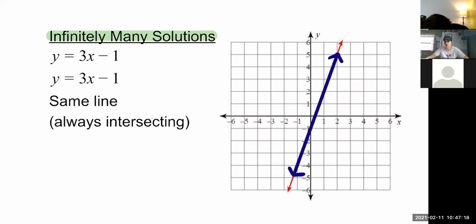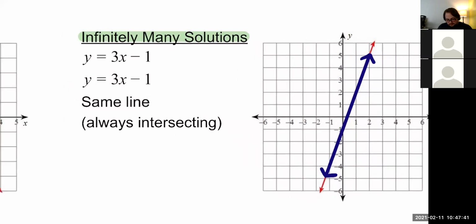So I don't know, 1, 2 would be a solution. 2, 5 would be a solution. -1, -4 would be a solution. Every point in between would be a solution. So basically, since the line is infinite, there is an infinite number of solutions along the line. Along the line, yes. Good.